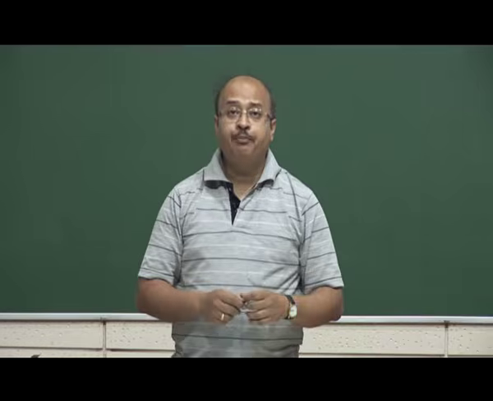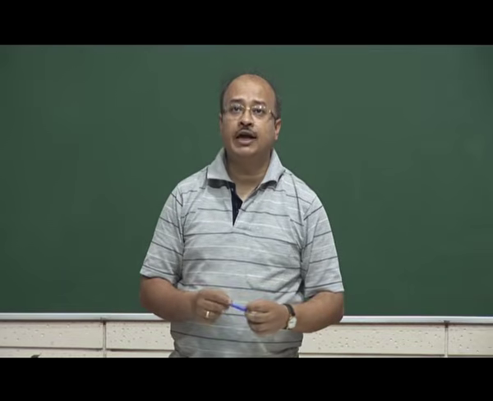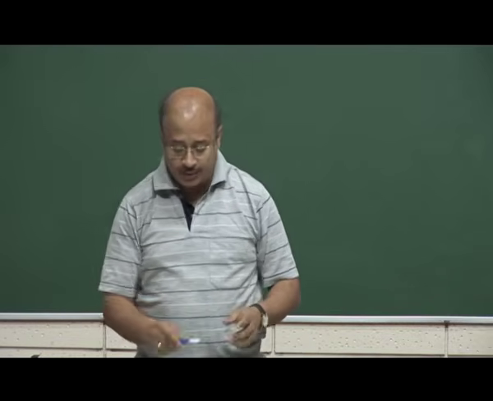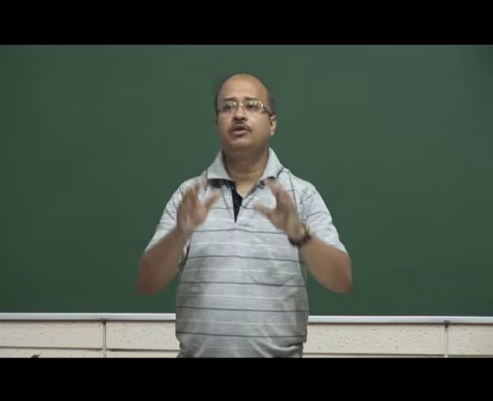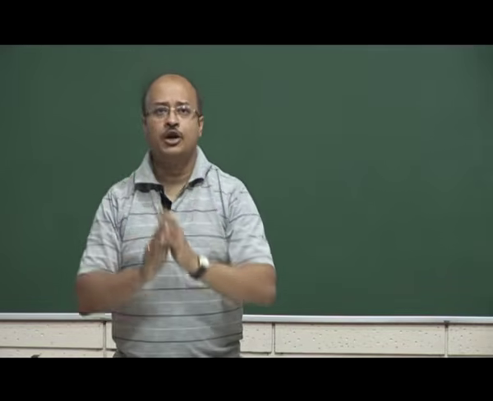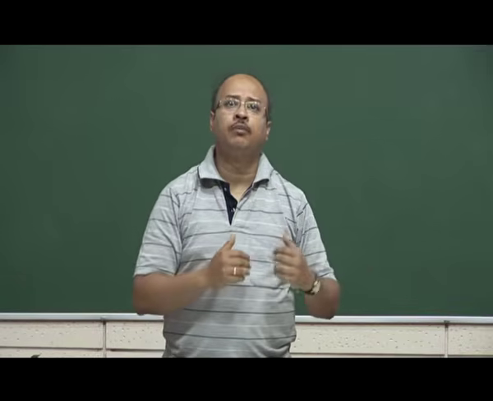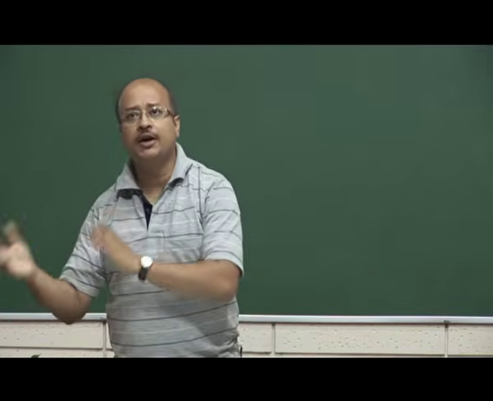It is preferable to do the initial rate calculation based on product appearance, because when you have no product to start with and you have reactants, and suppose your reactants are colored and your products are also colored, having a different color.